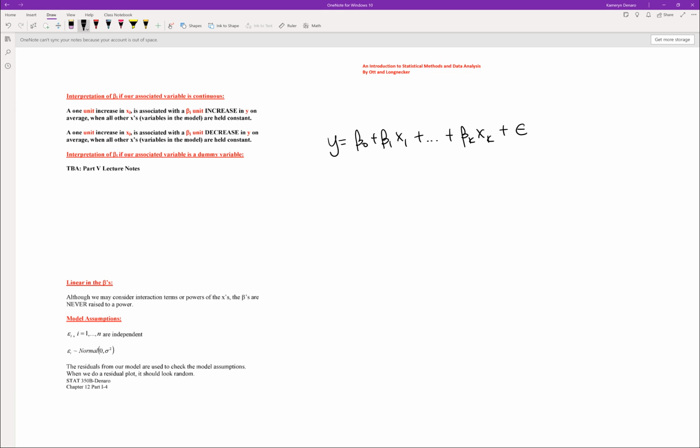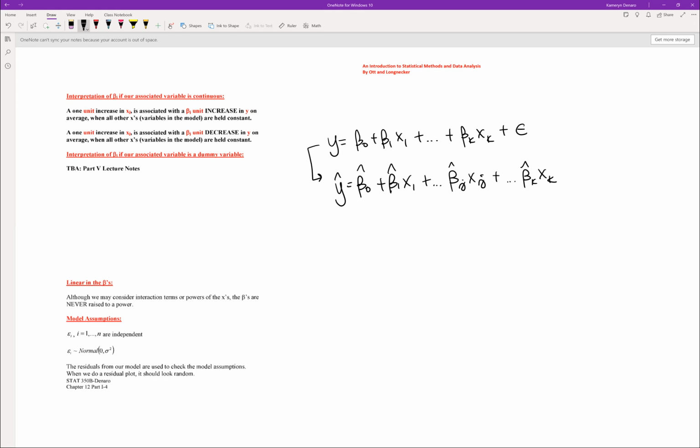So let's think about two different predictions. In the first case, we're going to have y hat equals beta 0 hat plus beta 1 hat x1 plus all the way down to beta j hat xj, plus keep going all the way up to beta hat k xk.